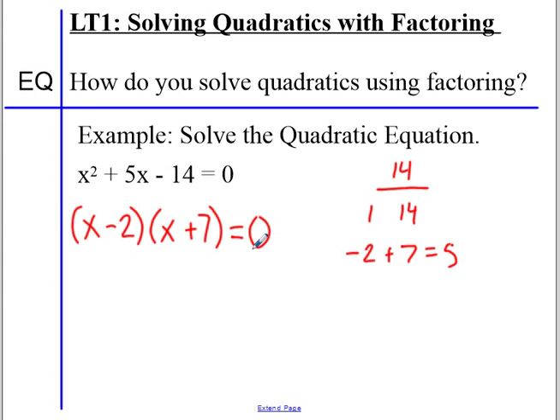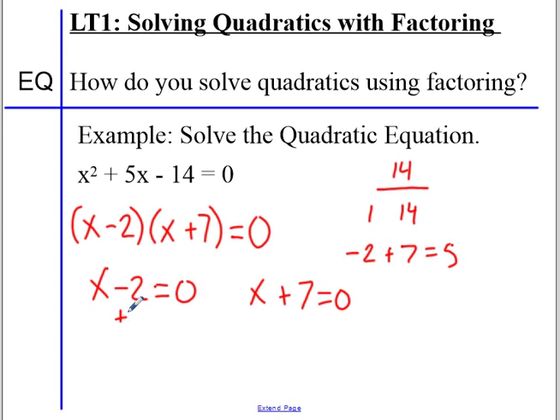Because the only way to make a 0 from multiplication is to multiply by a 0. So we have two hypothetical situations. Maybe the x minus 2 is actually the 0. Or maybe the x plus 7 is actually the 0. This gives us two very tiny and very quick simple problems to do.